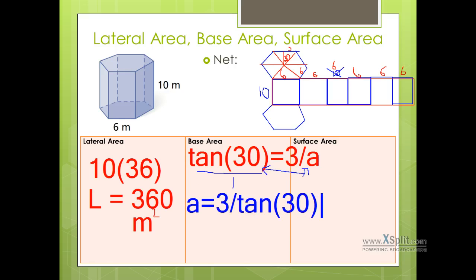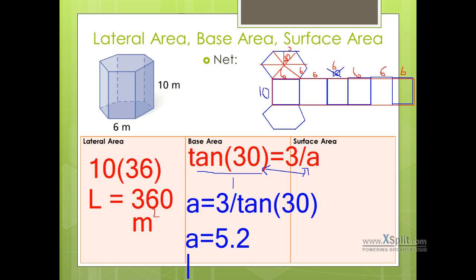Tossing that into my calculator, 3 divided by tangent of 30, that gives us a 5.19, about a 5.2. So apothem is about a 5.2.